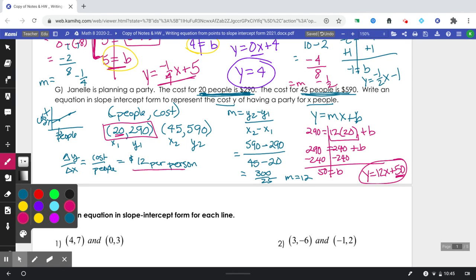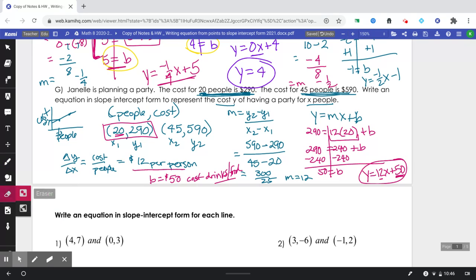My guess, if they're throwing a party, maybe the $50, our y-intercept, is for cost for drinks and food. Okay, that's that one-time fee that they're going to pay. If they're having a party at a place, maybe it is the cost to rent the room, because if they're paying $12 per person, that could be the cost of food and drinks.